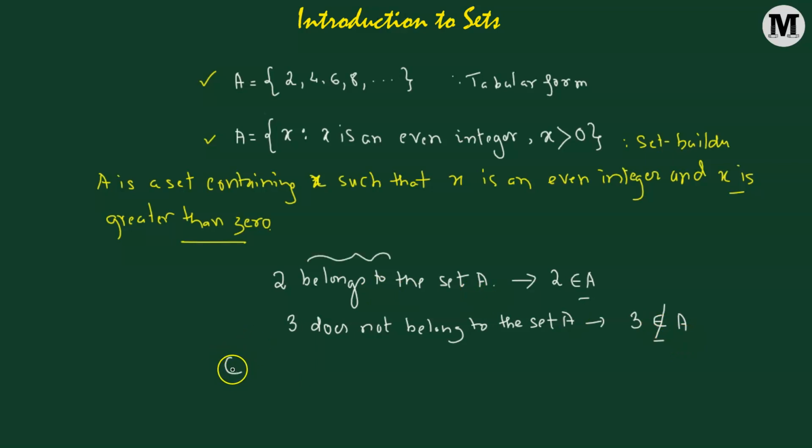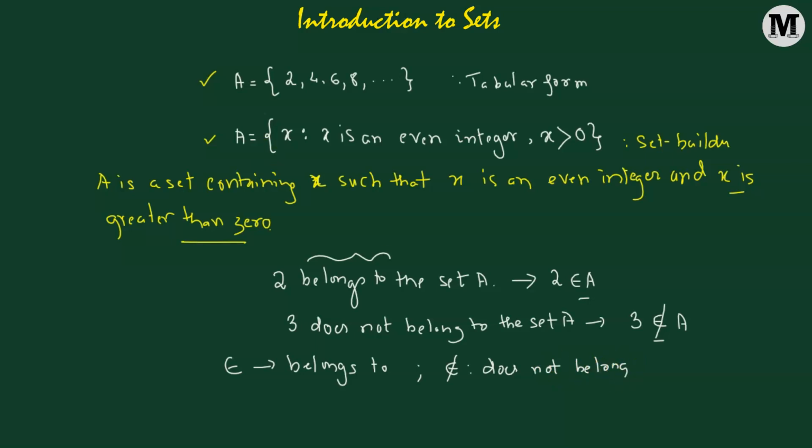Whenever we have the symbol epsilon, it represents belongs to in set theory. And if we cut that symbol, then it represents does not belong to the given set.